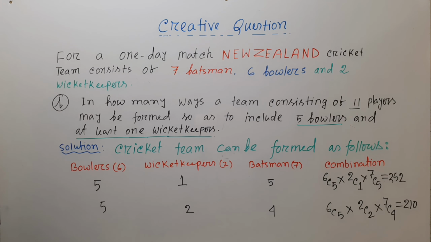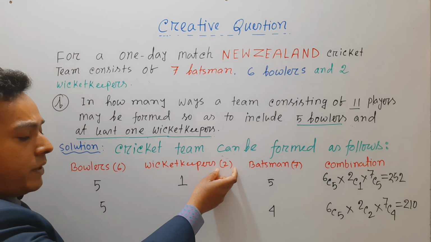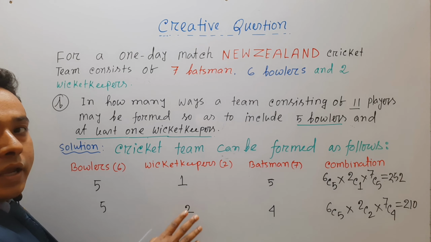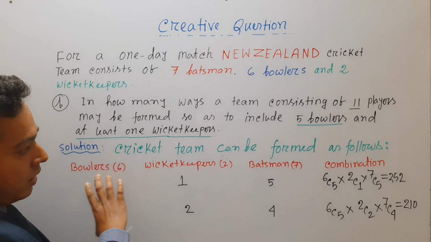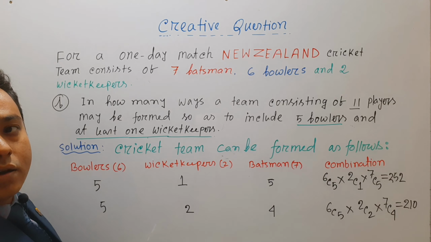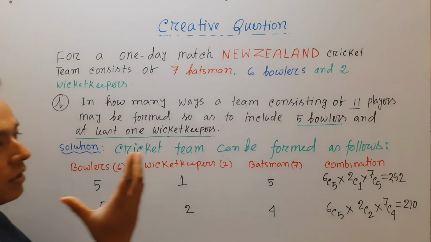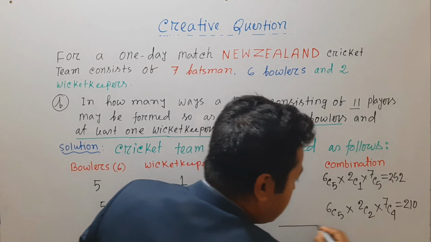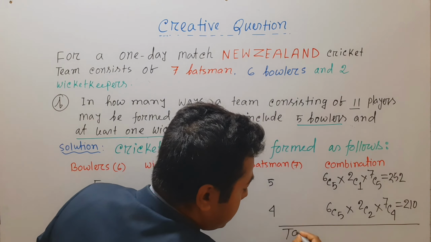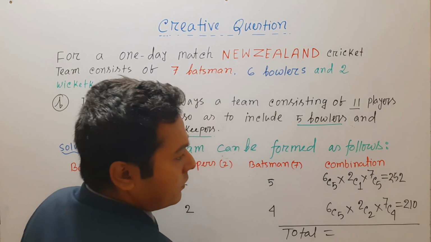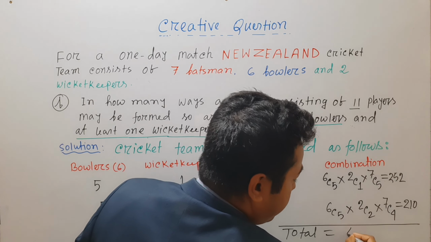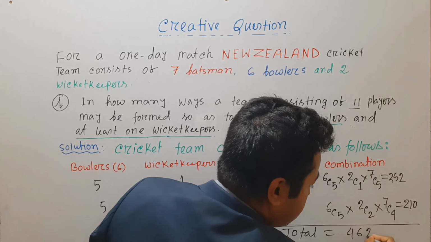And this is the last option, because the total wicket keepers is 2, so at least 1 means 1 and 2, so there is no other option for this question. So the total team combination is equal to the addition of 252 and 210, which is 462.